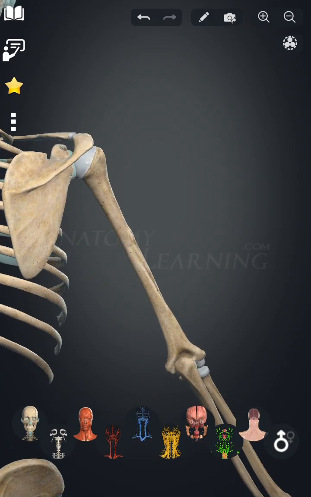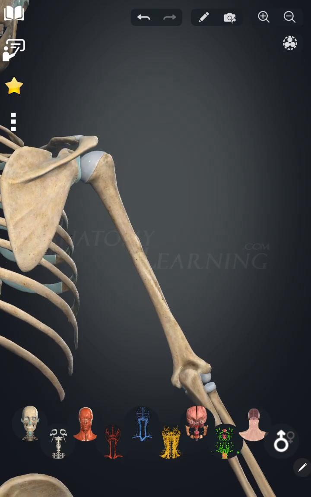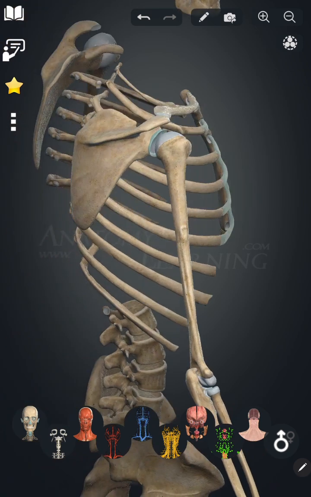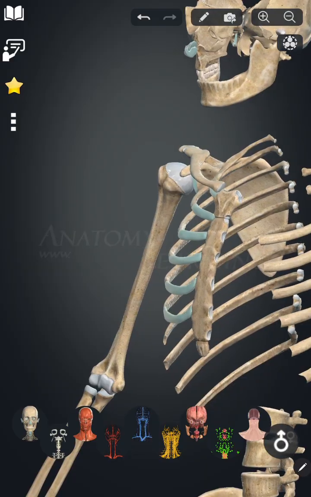And we can see from behind, this is the olecranon fossa. This is the head of the humerus. Here will be the surgical neck. So this is the humerus for you.